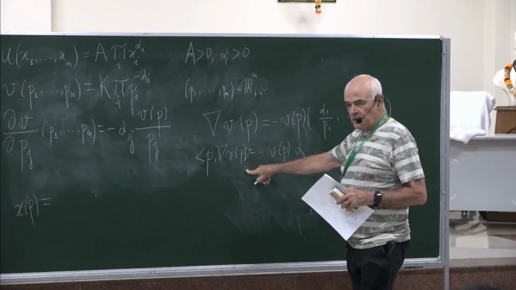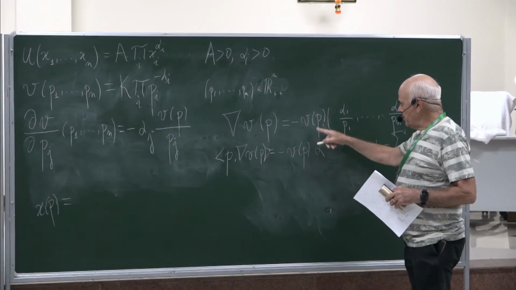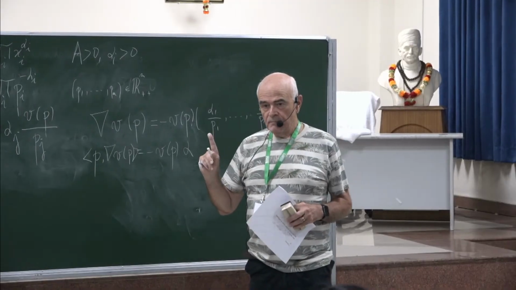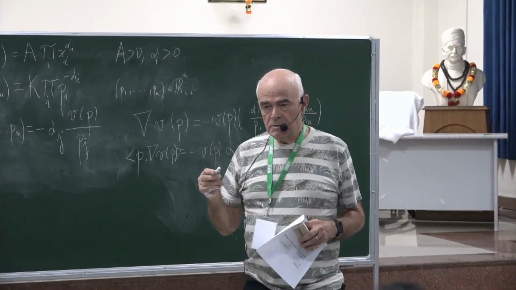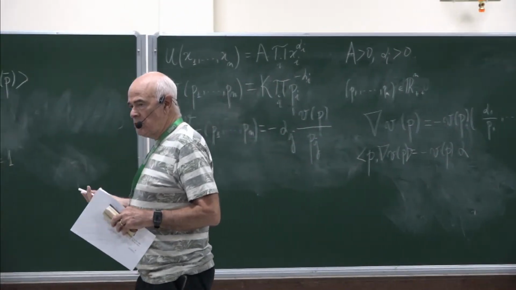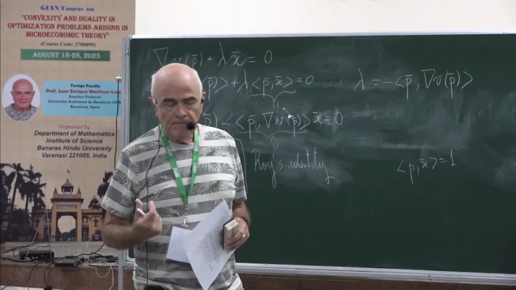So v of p disappears. v of p is strictly positive, because v of p equal to 0 as an optimal value is out of consideration because of the strict positivity of the Cobb-Douglas function.